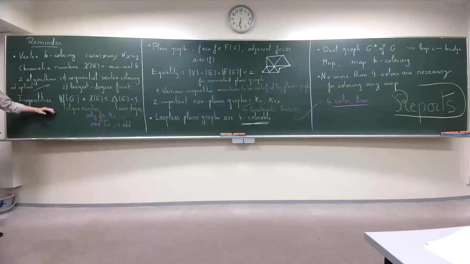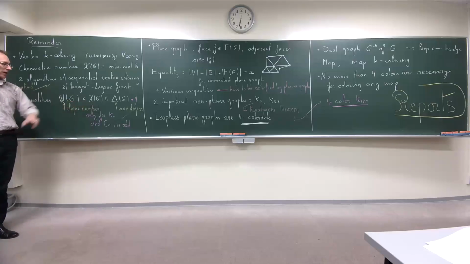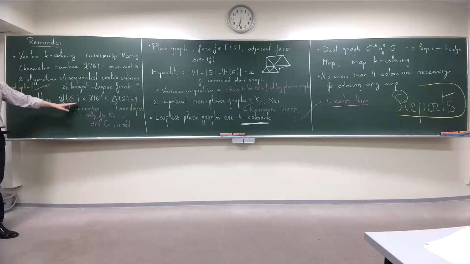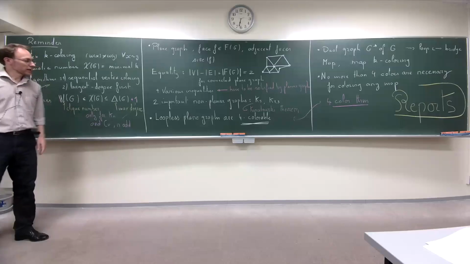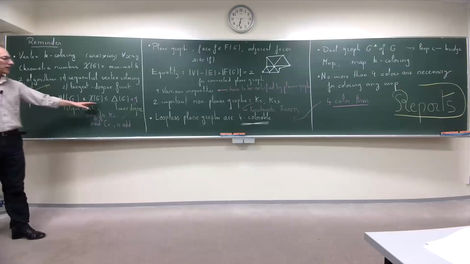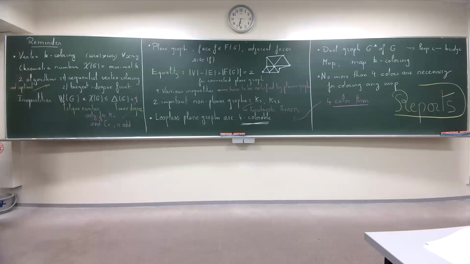However, we have some inequalities. I don't recall what a clique number is, but the clique number is smaller or equal to the chromatic number, and this is easy to see. Because if you look at the definition of clique number, it's clear that the chromatic number has to be bigger. On the other hand, we have a second inequality: the chromatic number is smaller than the maximal degree plus 1.